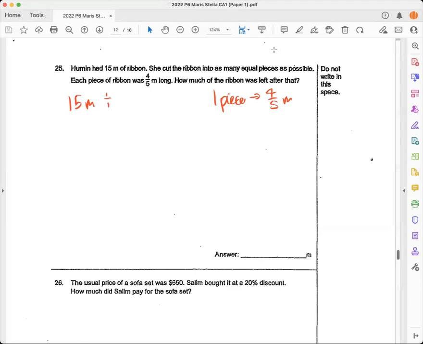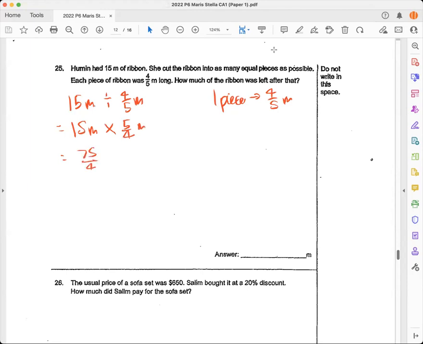Very easy, you divide it by 4/5 meter, right? So you learn how to divide a fraction where you convert division into multiplication, and then the fraction on the right of the division, you flip it upside down, okay? So you will get 75 over 4.